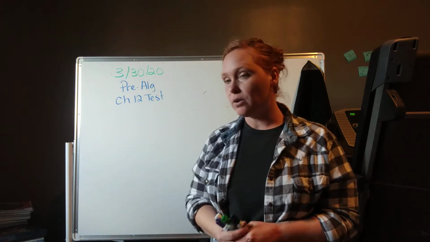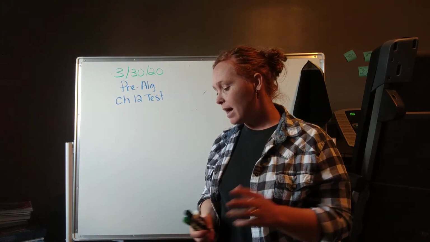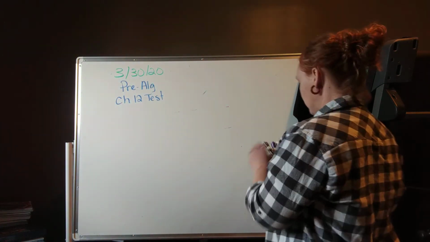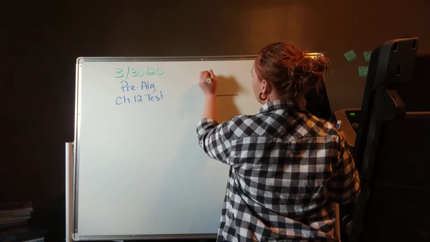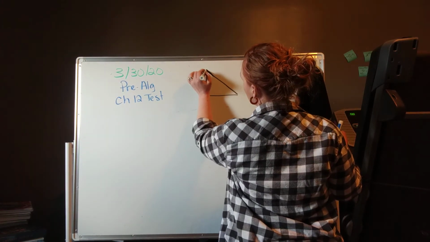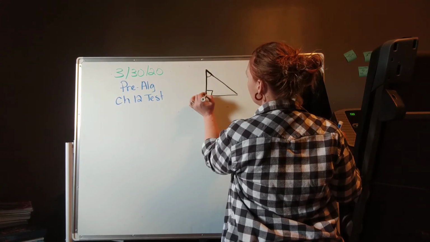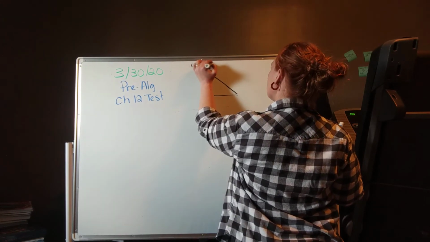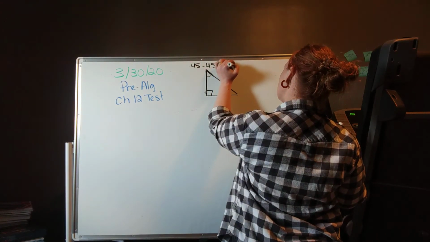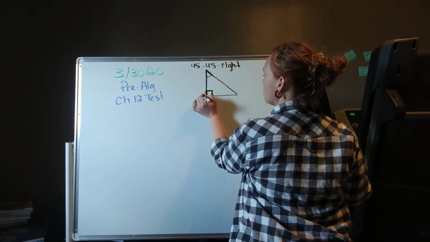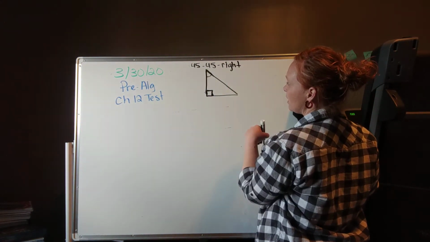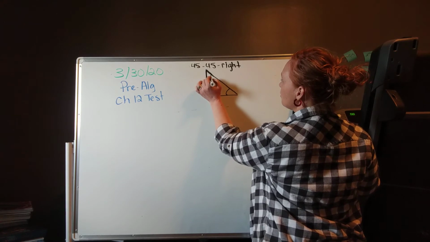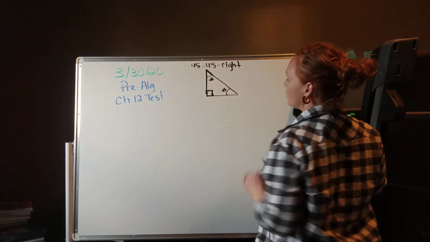So we have 2 special right triangles that have certain rules. The first special right triangle is a 45-45 right triangle. Let me draw it here. It'll look something like this. Since it's a right triangle, we know that at least one of the angles has to be 90 degrees, and that means my other 2 angles are 45 degrees and 45 degrees.